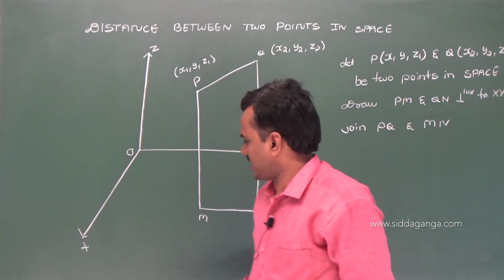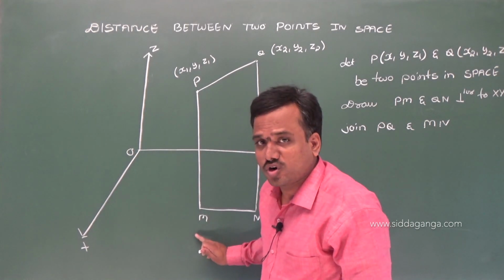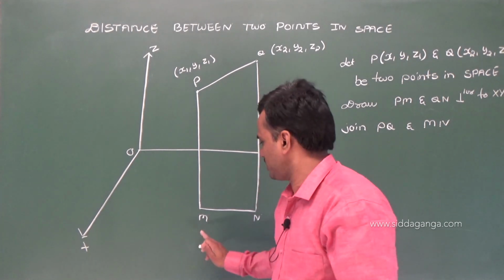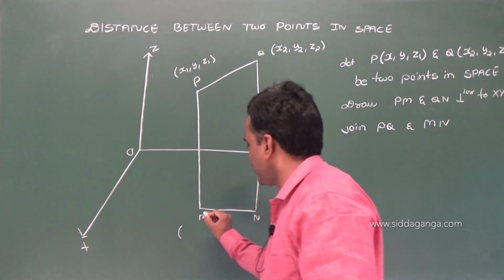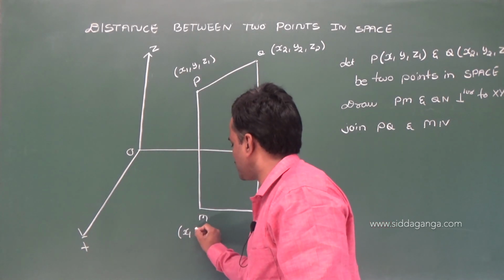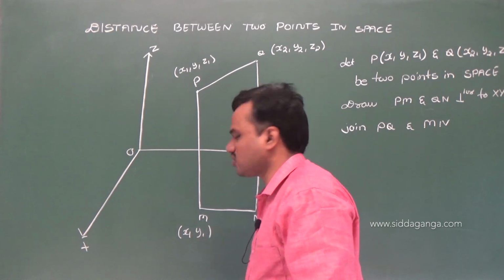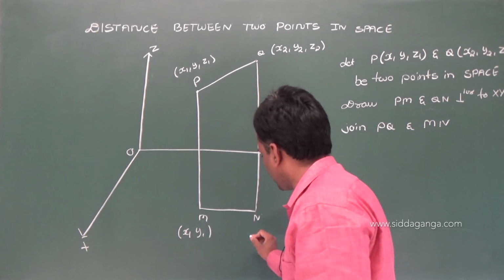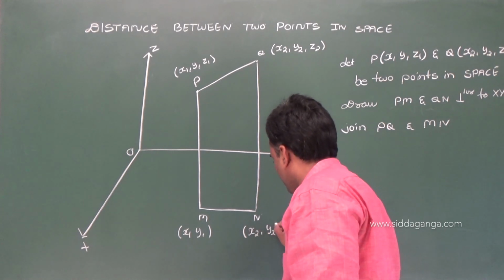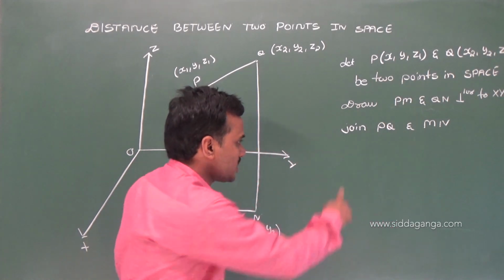Observe the coordinates of M and N in XY plane. Last session I discussed that in the XY plane, the Z coordinate is 0. That means the coordinate of M is x1, y1, 0 and the coordinate of N is x2, y2, 0.